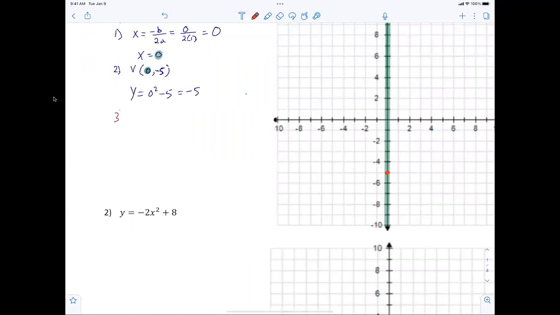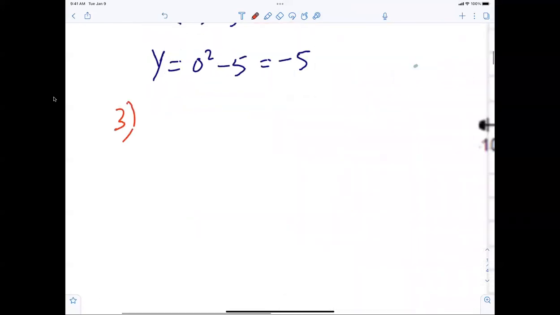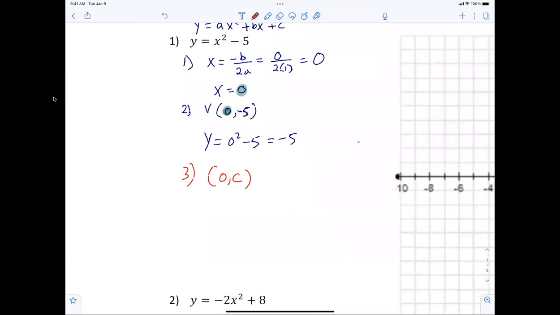Now, step number 3: you find the y-intercept. The y-intercept is always 0, c. What's the c value in this case? Negative 5. So the y-intercept is 0, negative 5.